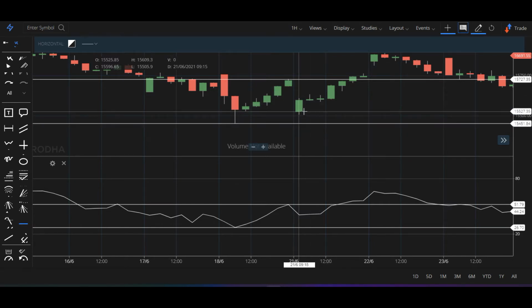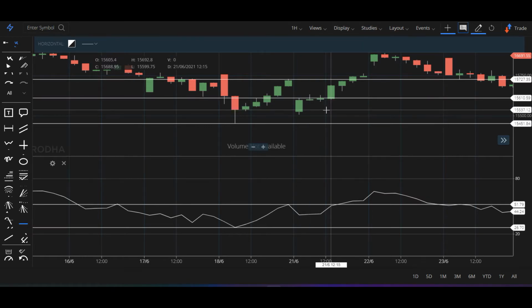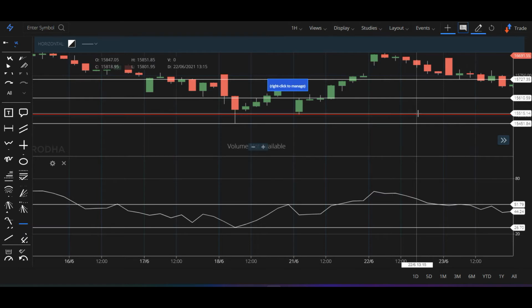The 1 hour candle here, as you would have seen, has opened above this. So in this scenario I would try and take a trade around this level, and my stop loss would be around this level.